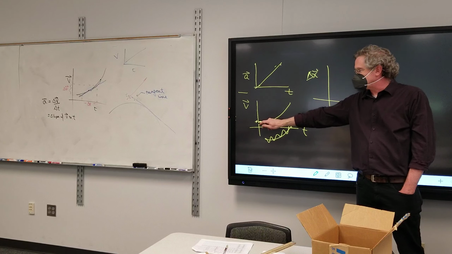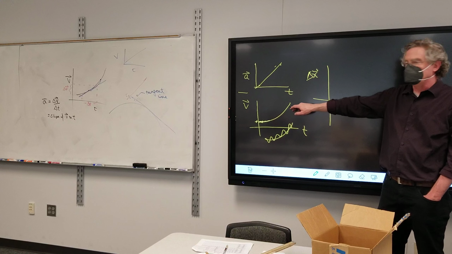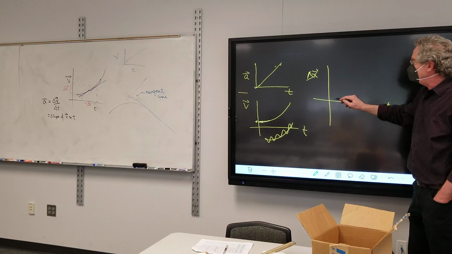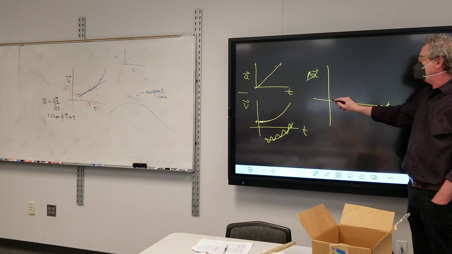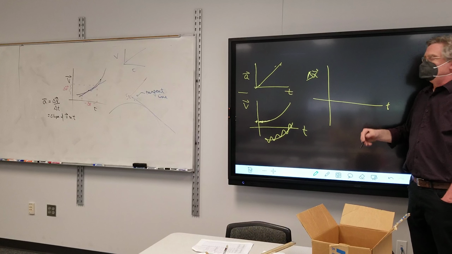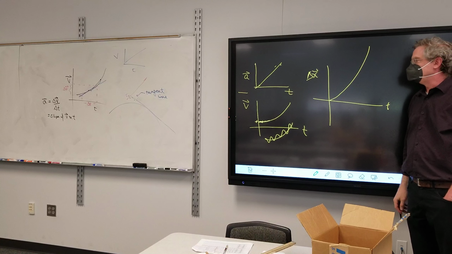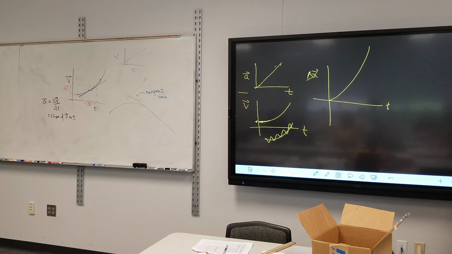That's a dash there, that was not a negative sign. It starts out at some positive number and becomes more and more positive. So my position time graph starts out at some positive slope and just becomes more and more positive. So something crudely like that.